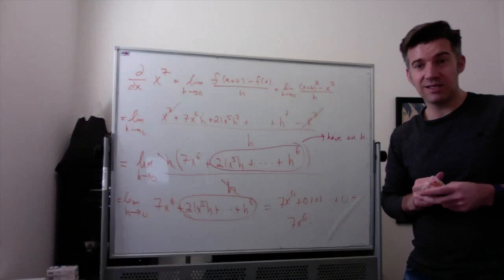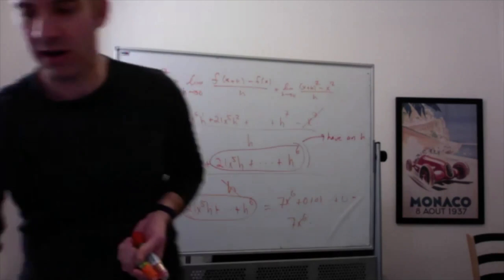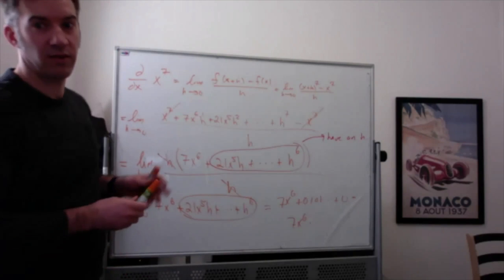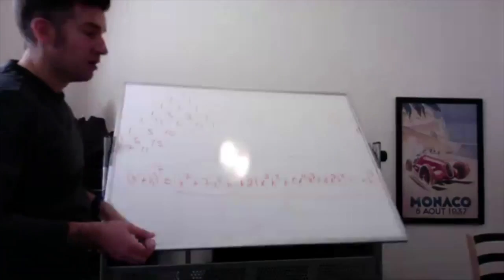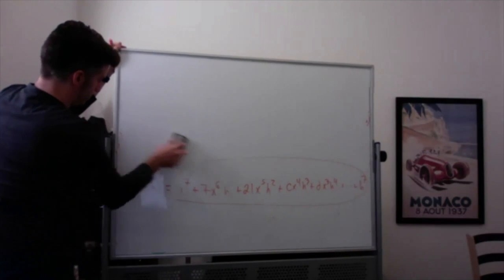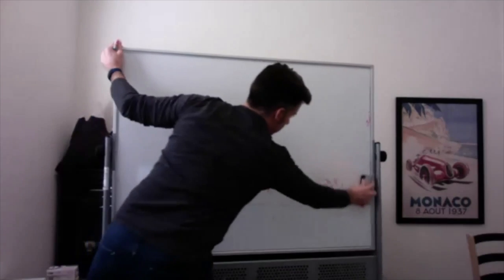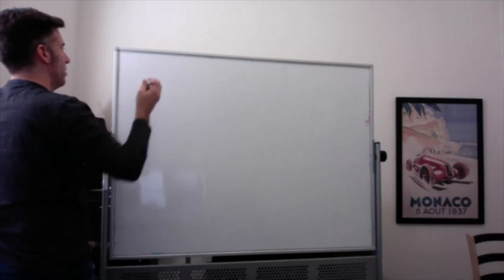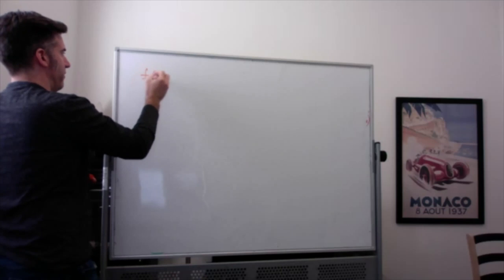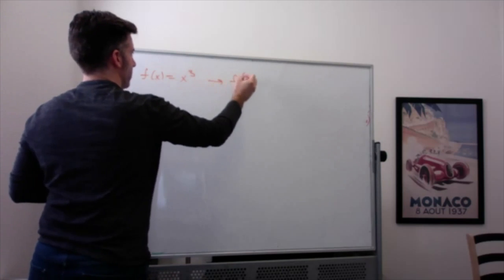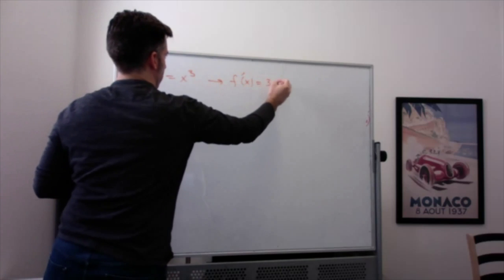And so this leads us to thinking that we've got a pretty strong pattern here. We definitely found that if f of x equals x cubed, the derivative was 3x squared.